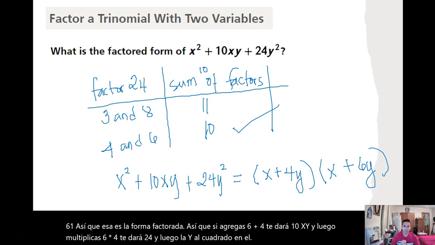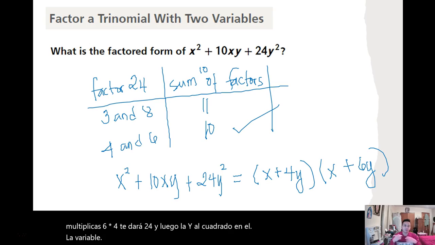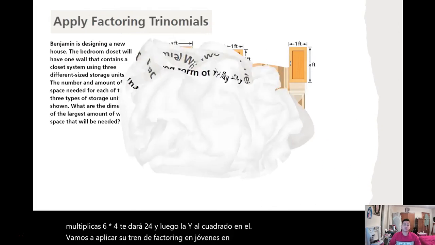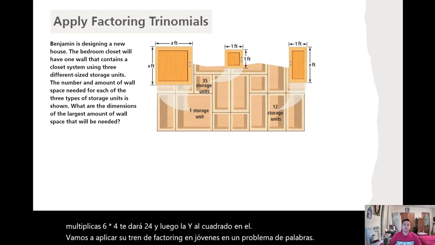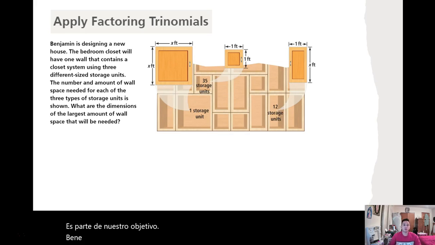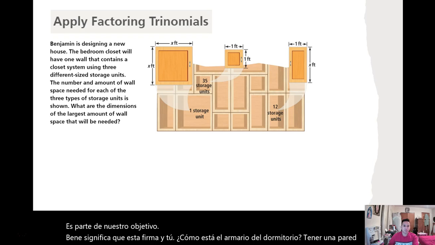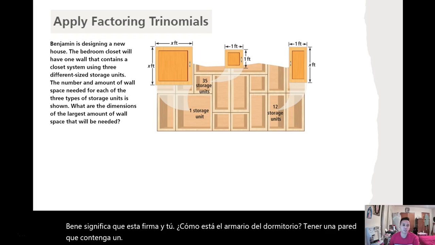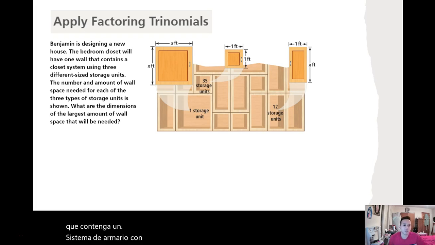Okay, now let's apply factoring trinomials in a word problem. That's part of our objective. Benjamin is designing a new house. The bedroom closet has one wall that contains a closet system using 3 different sizes of storage unit.